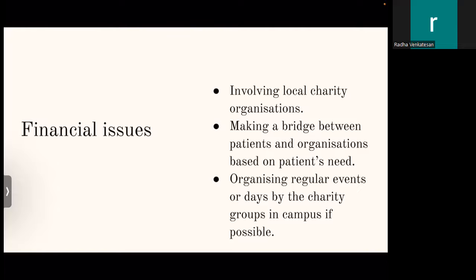For example, if there is a hospital or a palliative care center where patients and family come and visit, you can ask the organization to come and meet them once a month, once in 3 months, something like that. Or you can have some meetings set up.